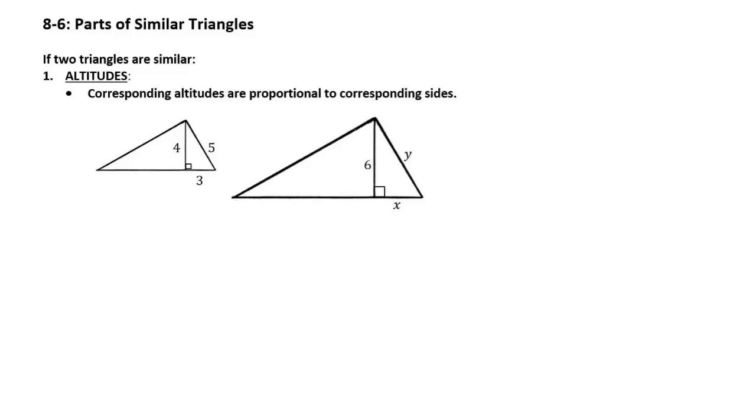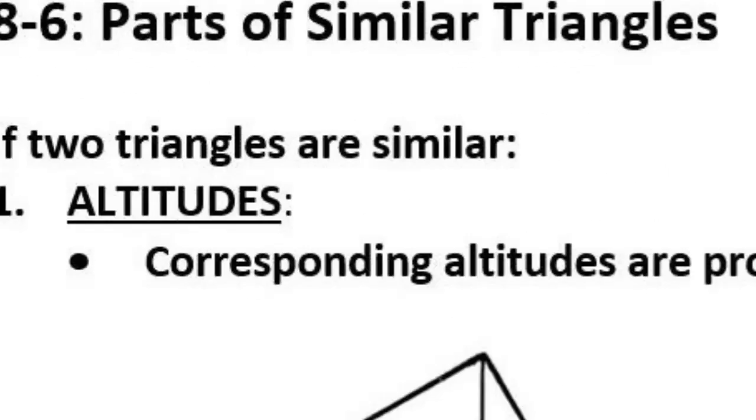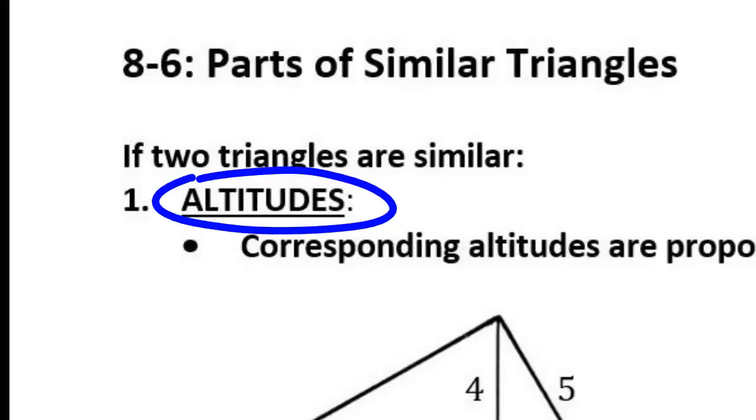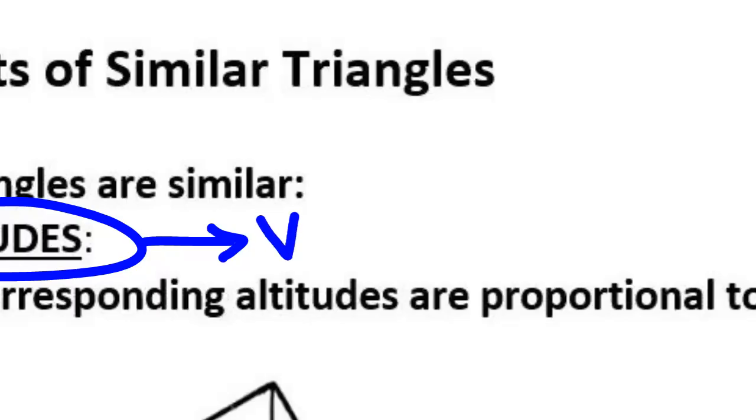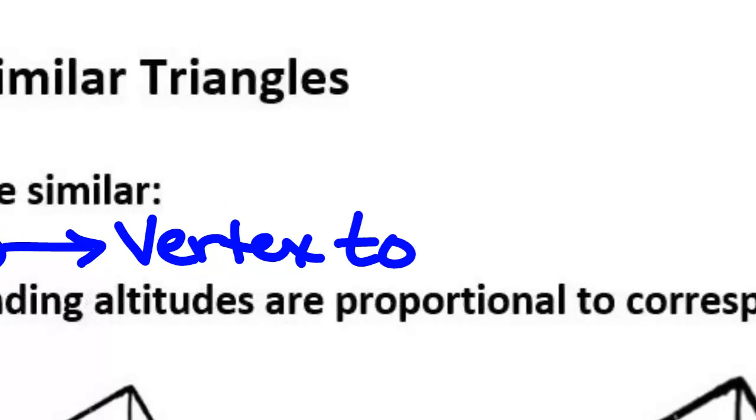All right, so we're going to begin our very last section, parts of similar triangles. If two triangles are similar and they both have the altitudes drawn in, remember an altitude goes from a vertex to the opposite side.